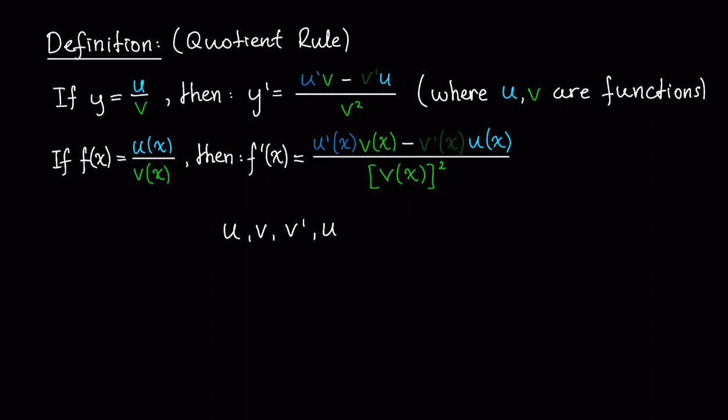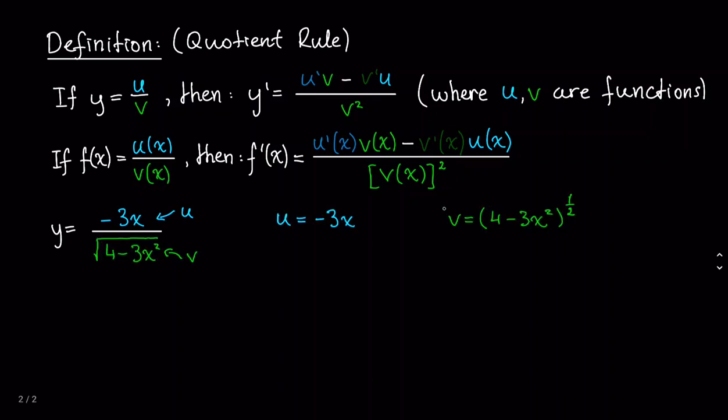So let's take our example and try to solve it. Here you can see that the numerator, negative 3x, we can simply set as our u. And then the denominator, the square root of (4 minus 3x squared), we can just set as v. Once again, I rewrote the root into the power of 1 over 2, so that I can easily apply the power rule when I compute the derivative of v later on.